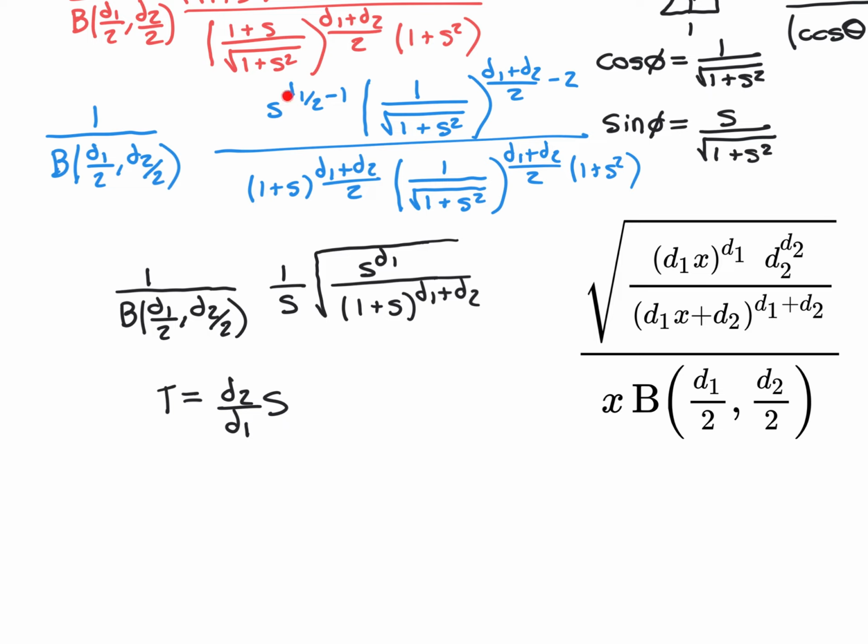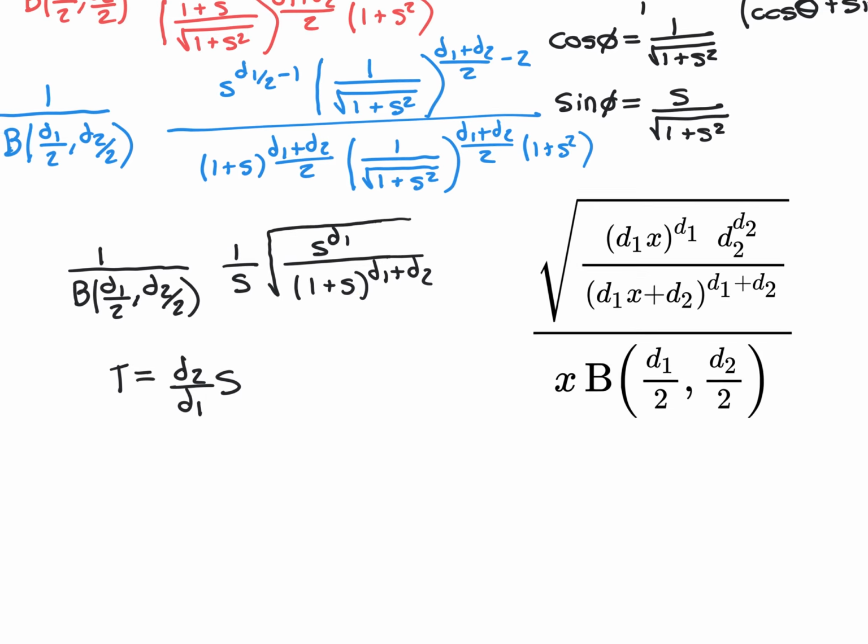So we've got s to the power of d1 over 1 plus s to the power of d1 plus d2, and then all of this to a power of a half, which is the square root. So hopefully you can see that this thing is just this to the power of a half, which is the same as this to the power of a half over this to the power of a half, which if you then write it back again, if you multiply out the sequential exponents, is the same as what we've got here. So hopefully you agree that this is the same as what's left here.